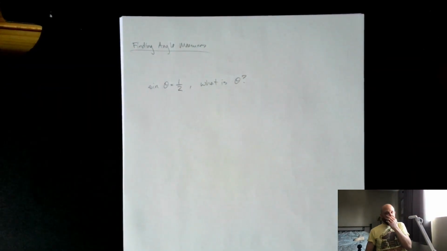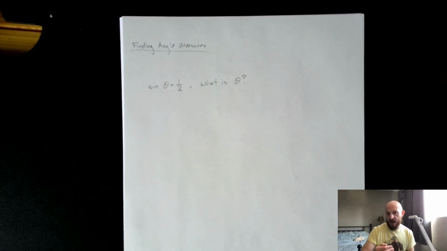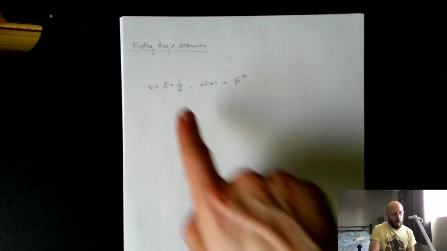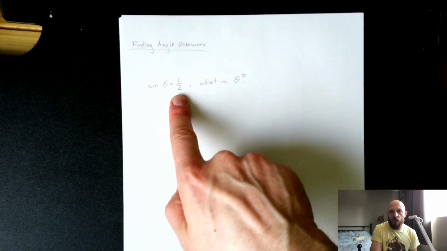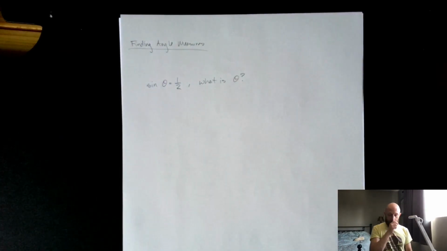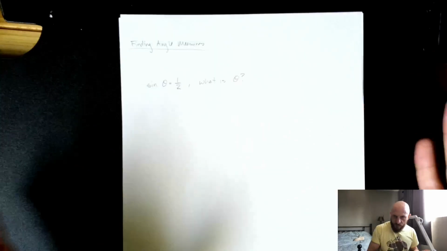So that's broadly what we mean by finding angle measures. It's going in the reverse direction. Rather than being given an angle theta and asked what is sine of theta, we're told sine of theta is 1/2. So what must theta be?